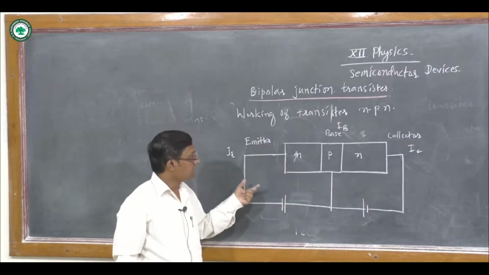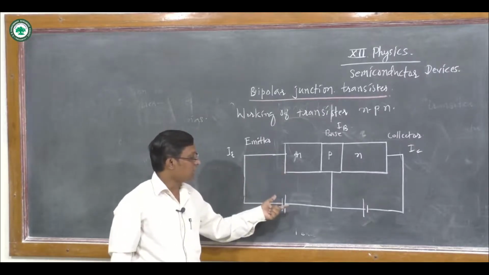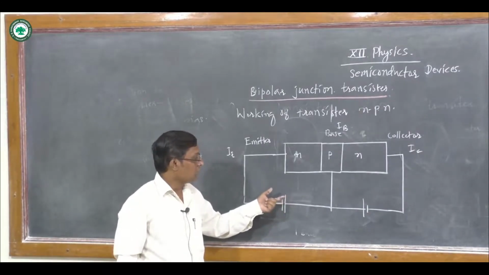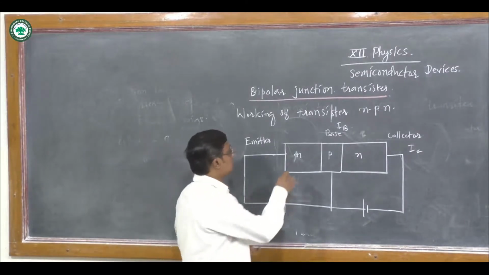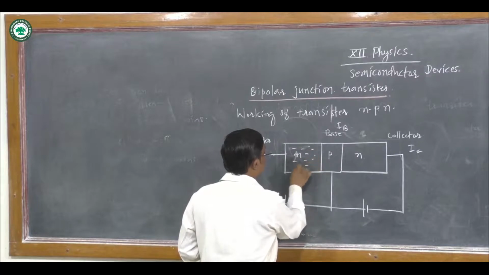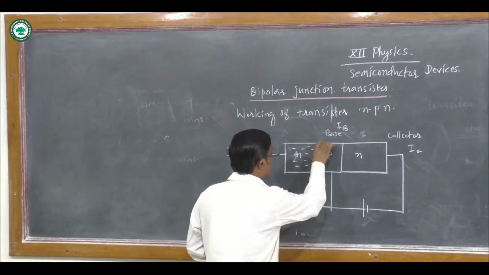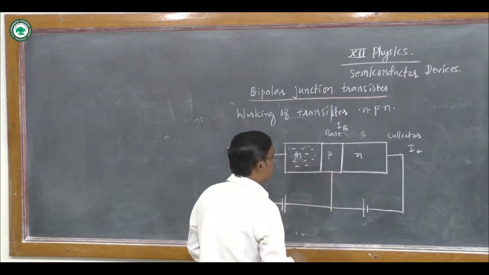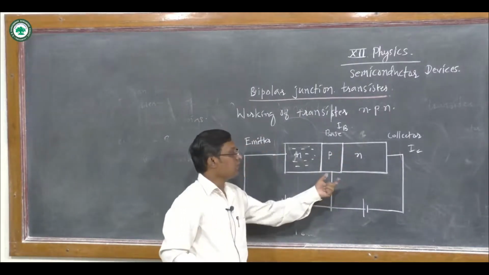When we bias emitter and base in a forward condition, the negative electrons are the majority carriers. Here is one depletion layer, and this is another depletion layer between the base and the collector.